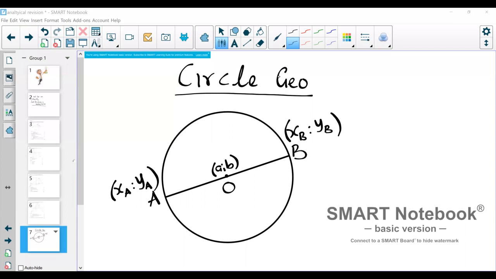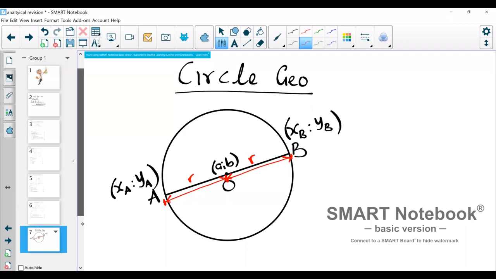Now, here, between O and B, we know it as the radius. Between A and O as well, we know that as the radius. And we know that also as the radius. One thing we must quickly know is that AB, therefore, is the diameter.